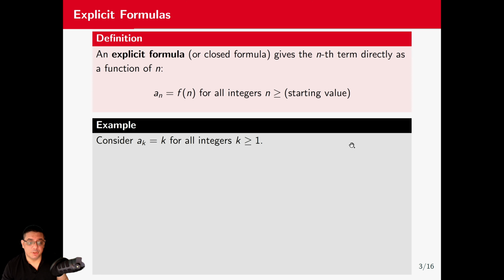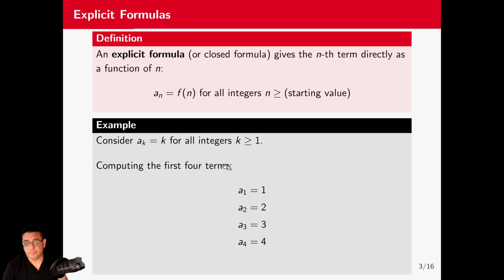For example, consider a_k equals k for all integers k greater than or equal to 1. Notice that we're saying a_k, the kth term, is given by the number k.